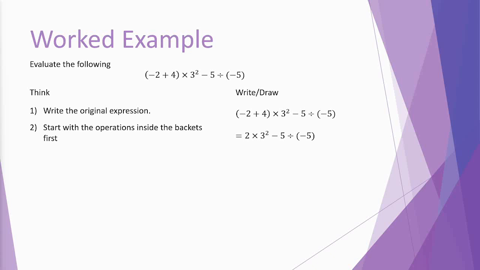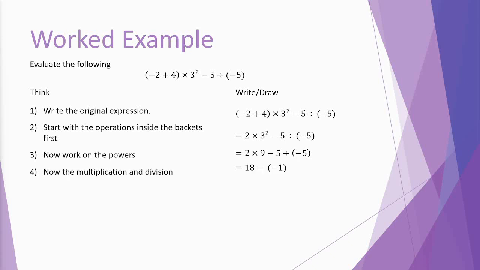The next step is to look at the powers. And I know that 3 squared is 3 times 3, which is 9. So I'm going to rewrite the expression again. So I've got 2 times 9 minus 5 divided by -5. And you'll notice again, I'm following down the page with my equal signs. The next step is to do the multiplication and division.